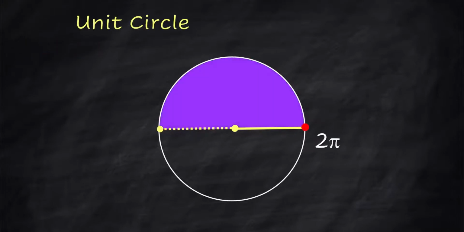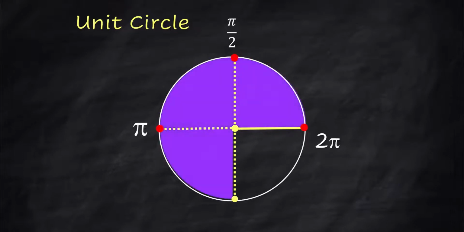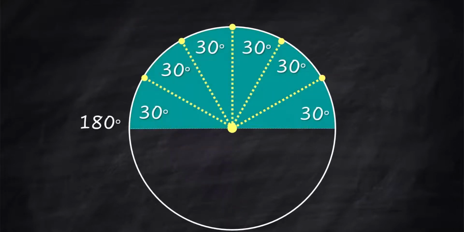Now I'd like you to split that circle in half. And if you split 2 pi in half, you get pi. Now I'd like you to split the top in half, and if you take pi and divide it in half, you get pi over 2. Count to yourself: 1 pi over 2, 2 pi over 2, 3 pi over 2. That is the 4th point. All right, let's find the rest of the points. We're going to start with this 30-degree angle, and I want you to think about this.